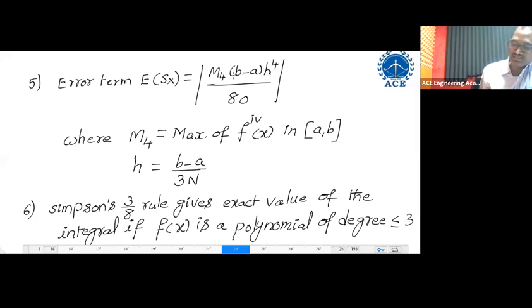The error term contains M4, which contains the fourth derivative of f. So the error order should be 4. Error order is 4.